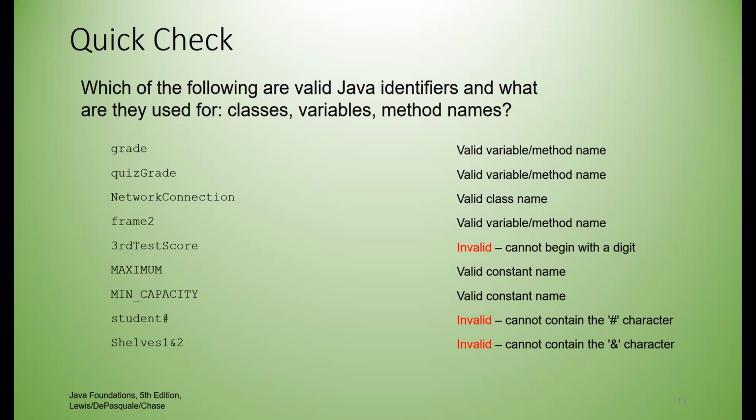Network connection is valid. Frame 2 is valid. Third test score is not valid because you cannot begin a variable name with a digit. Maximum is valid. Main capacity is valid. Student pound sign is not valid because of the pound sign. Shelves 1 and 2 is not valid because of the ampersand.